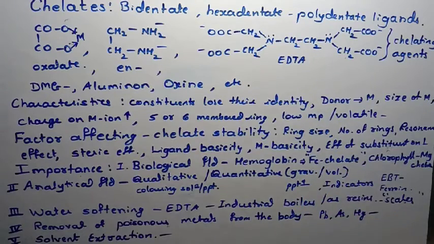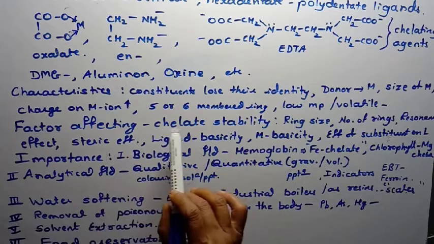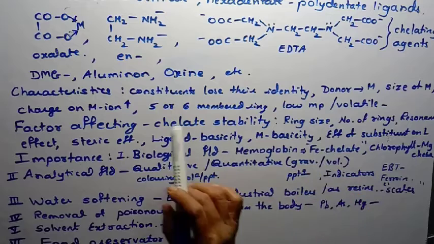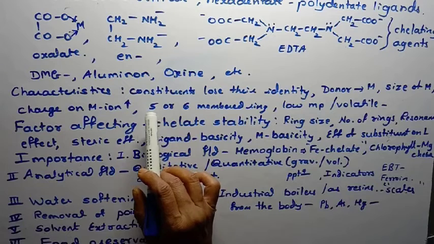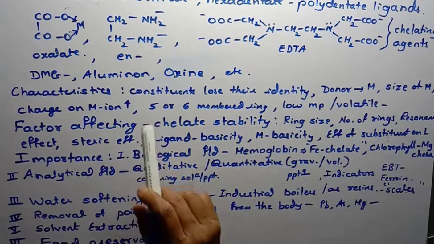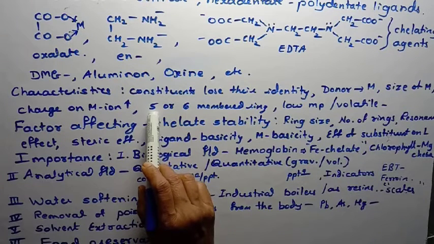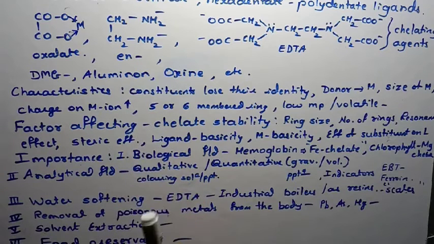Now we'll move on to the factors affecting the stability of chelates. First one is the ring size. Usually they form 5-membered or 6-membered rings. Out of these, 5-membered ring complexes are quite stable, and the angle between the bonds is found to be 108 degrees.